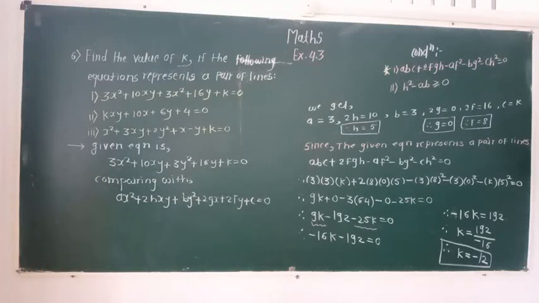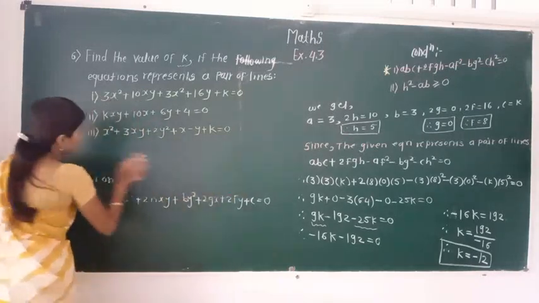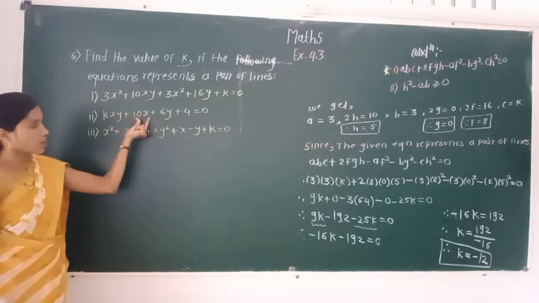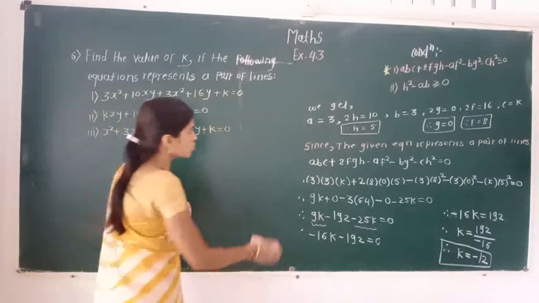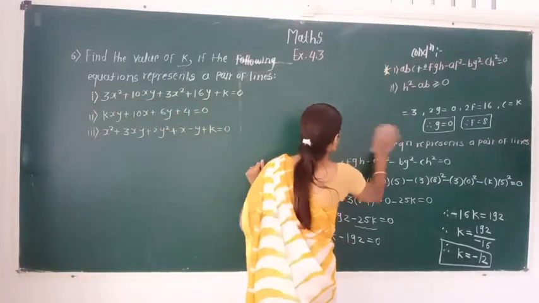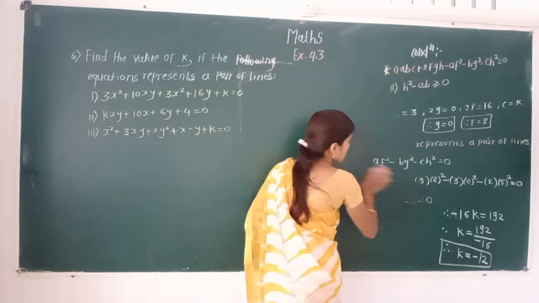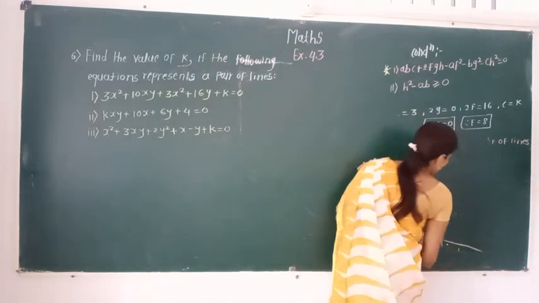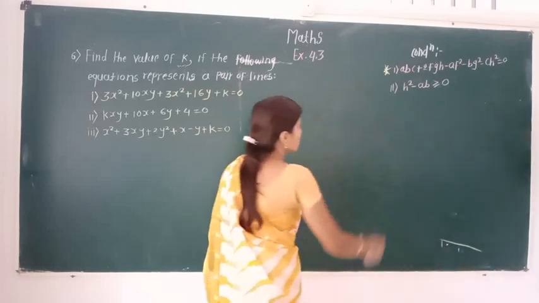Now see the next question is here: kxy plus 10x plus 6y plus 4 is equal to 0, and this equation also represents a pair of lines, and we know that there are some necessary conditions for the equation to represent a pair of lines.